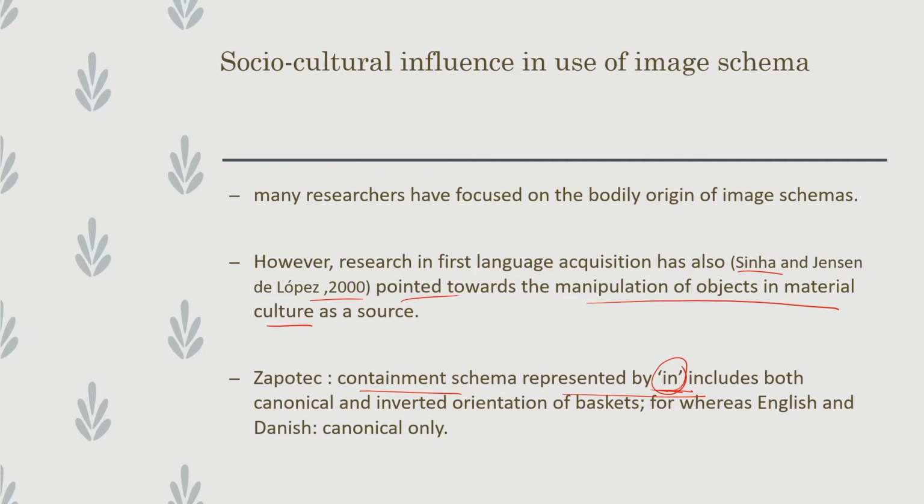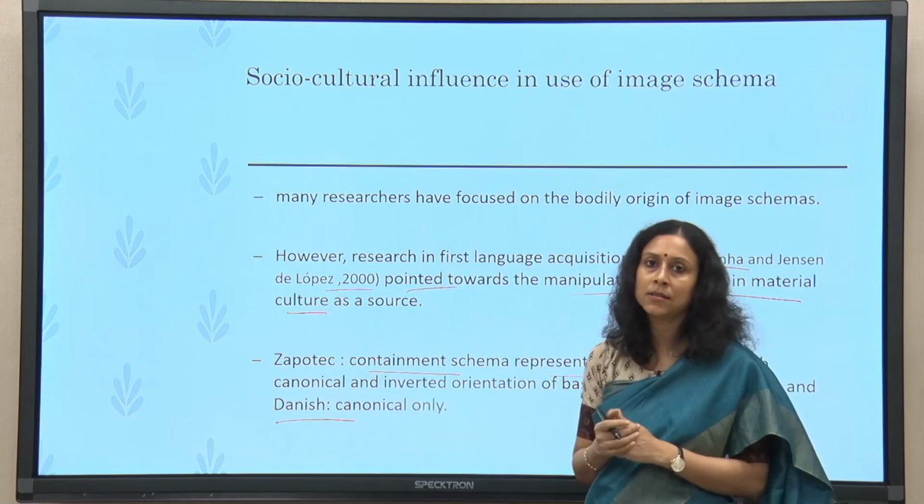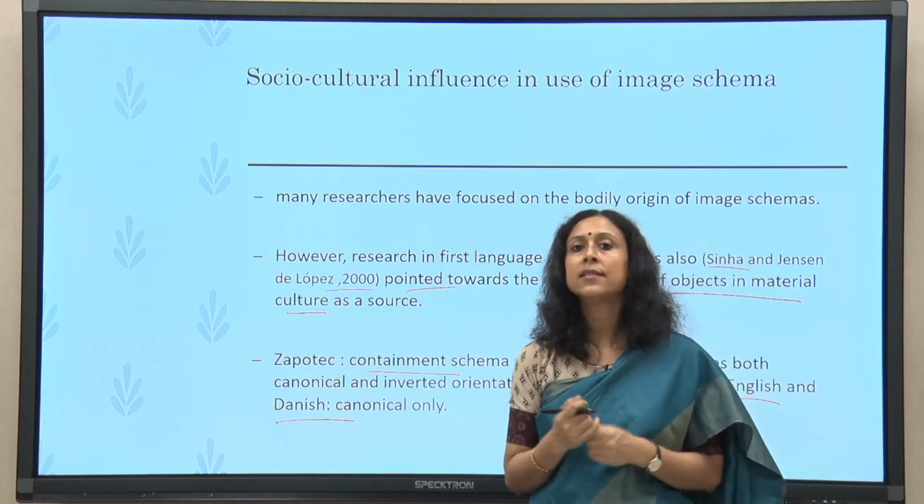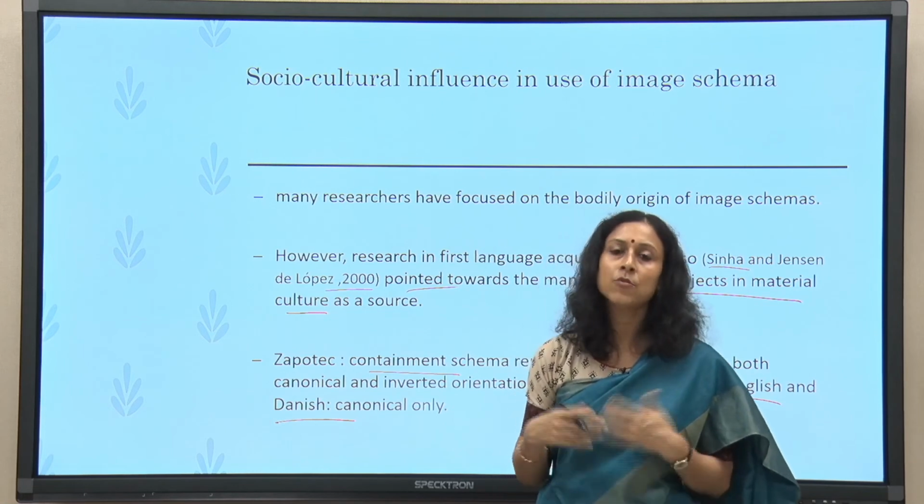Now, when we say container, so there is tea in the cup, water in the bottle and so forth, there is a bias towards the canonical orientation of the container. This is very important. What it means is that in the case of English and Danish, the container, the thing that holds the actual object, has an orientation that is canonical, as in the usual orientation.